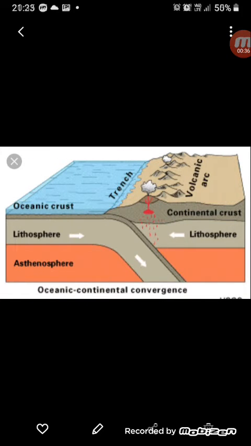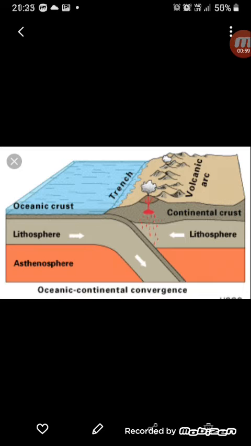Now, where do we find volcanoes? Volcanoes are found on the continental crust, as you see in this diagram. Now, the continental crust is a part of the lithosphere. As you see in this picture, the magma chamber is linked to the asthenosphere, which is molten in state.